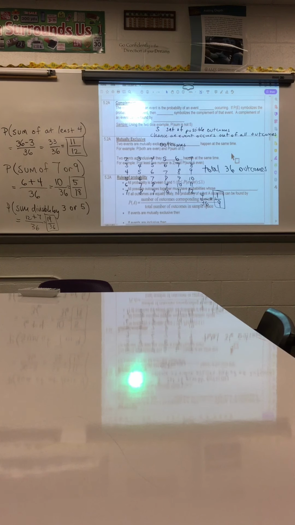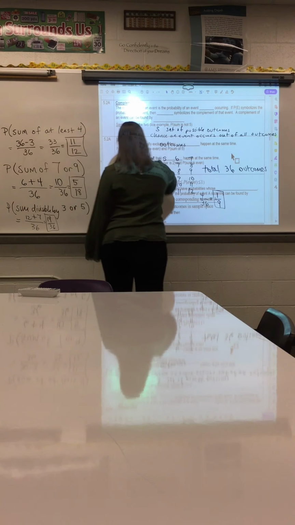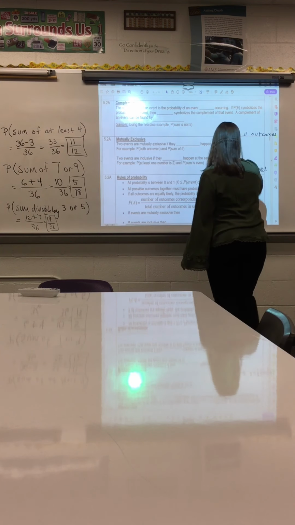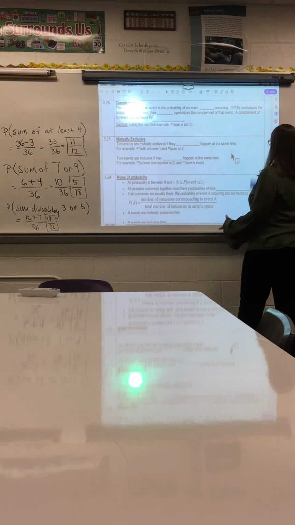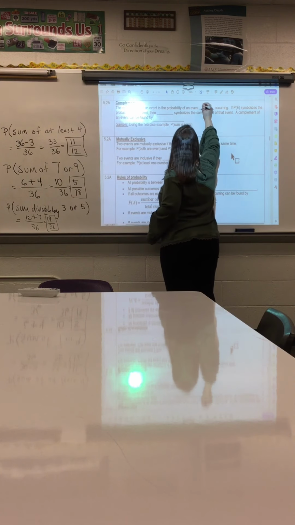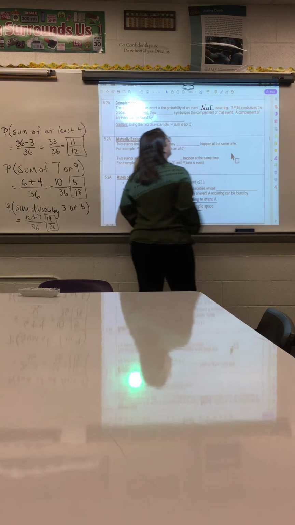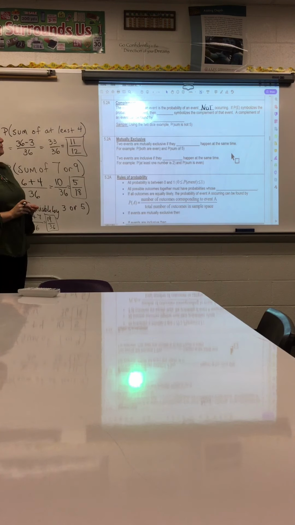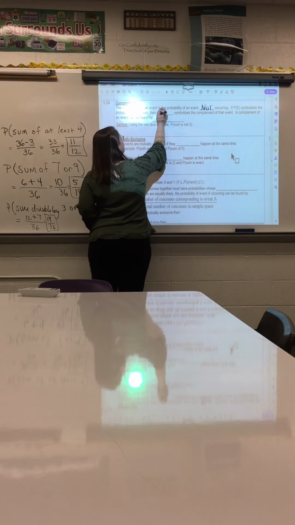So the complement of an event is the probability of an event not occurring. Complement means that it does not occur. If PE, the probability of the event, symbolizes the probability of an event, then this is the way we write that it does not occur.